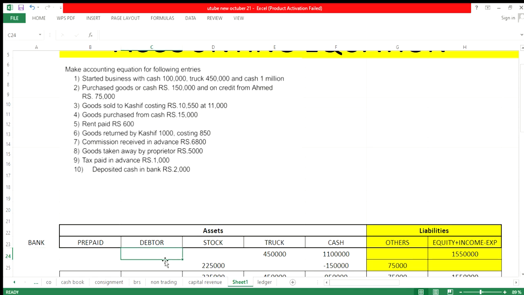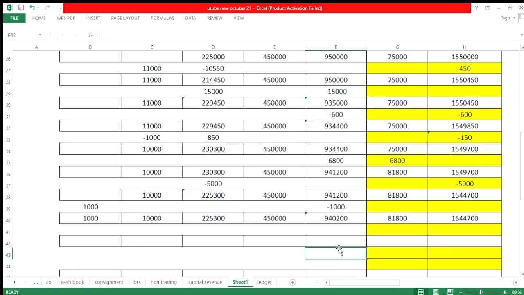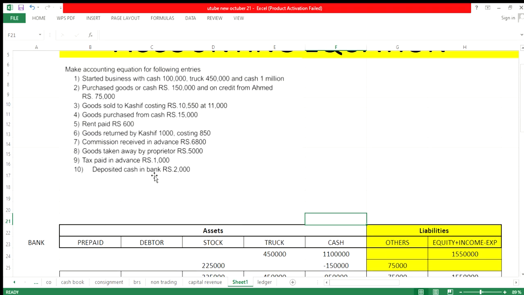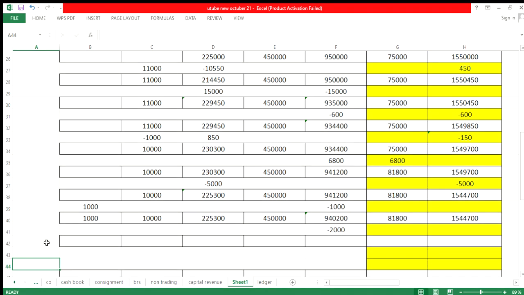So cash is going out. First step, cash is going out 2000. So minus 2000 cash gone. Where it had gone to the bank, bank again is your asset. So over here 2000 is increased in your bank account.